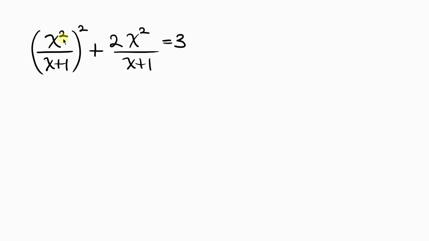Now notice that we have a similar expression, x squared all over x plus 1. We also have it here, x squared all over x plus 1. So we're going to be introducing a substitution by saying let this expression, which is x squared all over x plus 1, be equal to y.